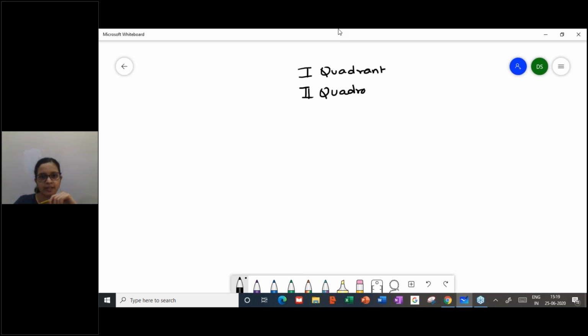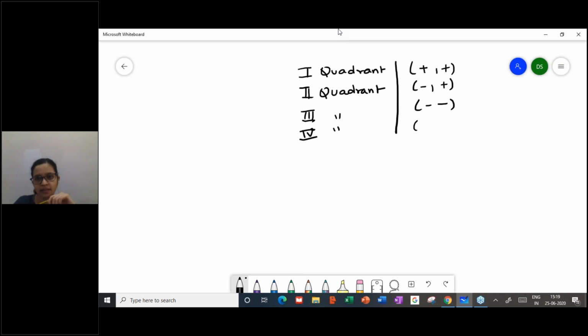Write quadrant here, and write the sign convention: first quadrant both positive, second negative positive, third both negative, fourth positive negative. So you can make a table like this and refer to it.